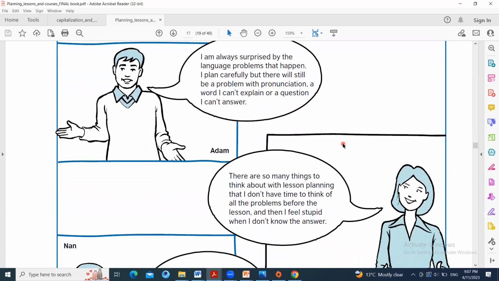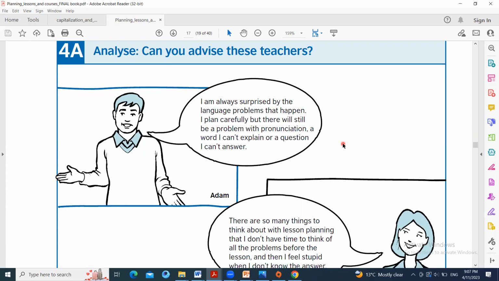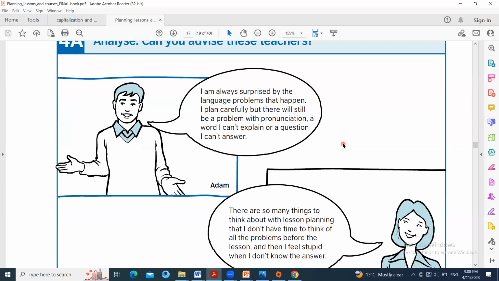This is what is found with Adam, okay? So here we need to make some type of advice to him. We should think of some type of advice.